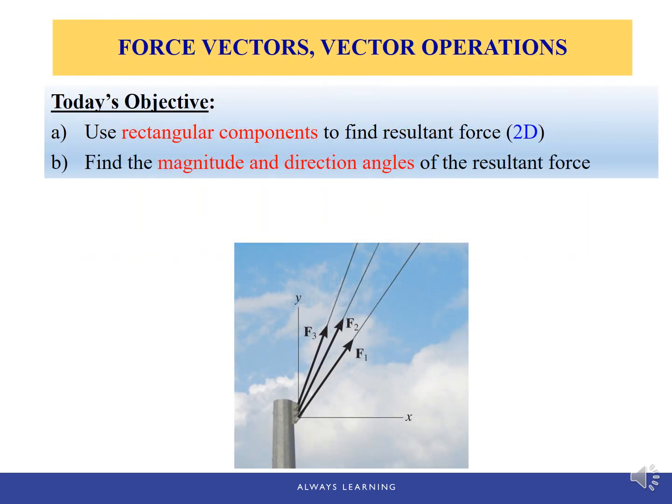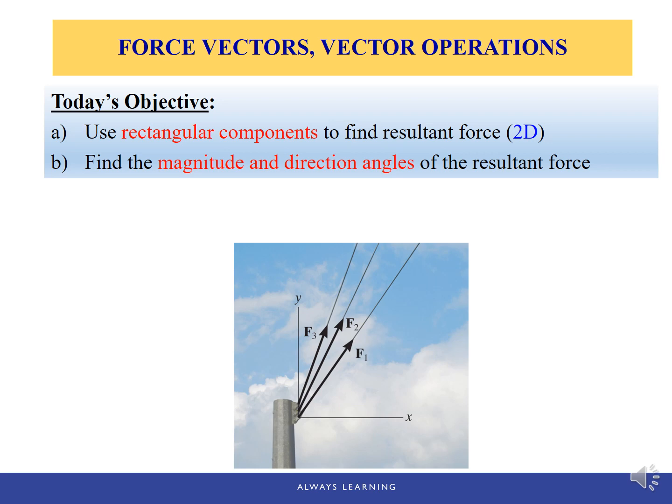In this video, we're going to use a couple of examples to reveal how to use the rectangular components of the vectors to find the resultant vector, and how to find the magnitude and direction angles of the resultant force. So just a quick reminder, what are rectangular components?